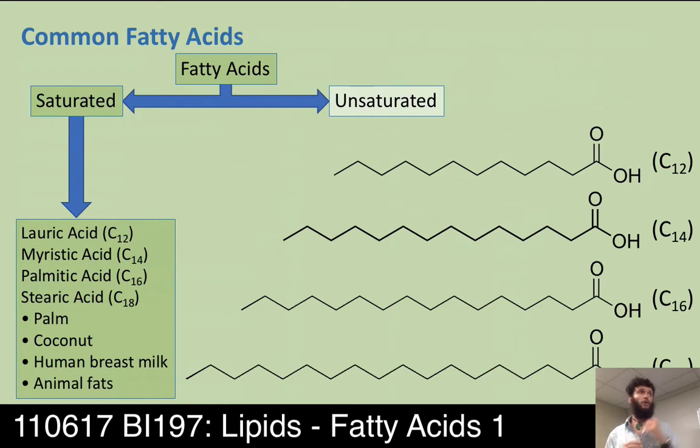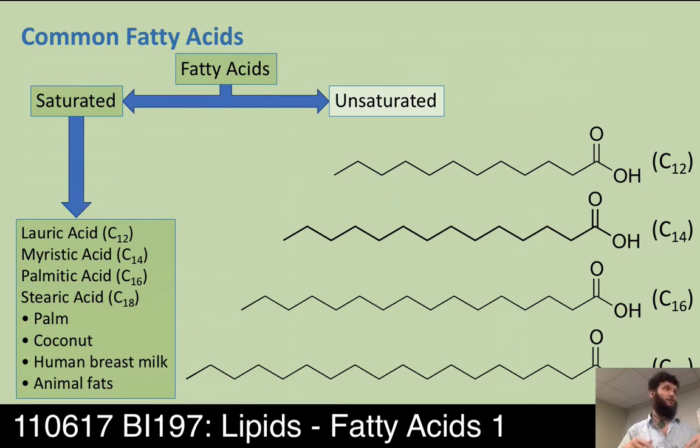But you also find them in a lot of plant fats that come from the warmer regions of the planet, because they're fully saturated. What did I say about saturation and melting temperature? The more unsaturation there is, the lower the melting point.